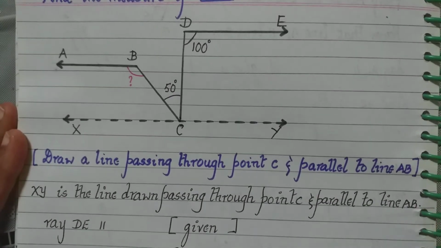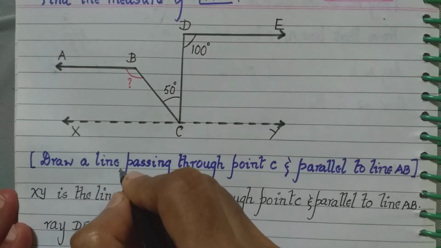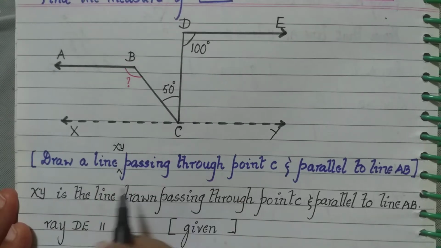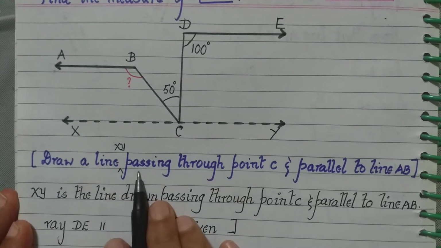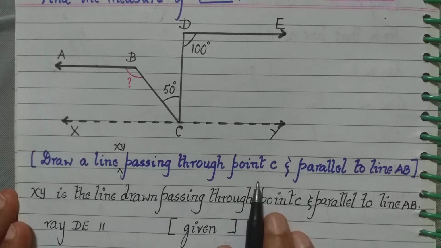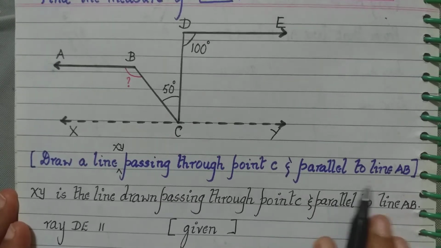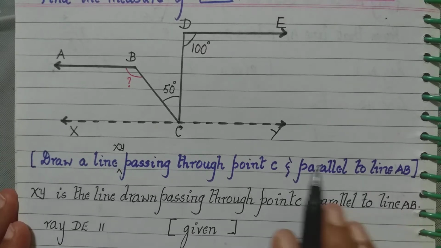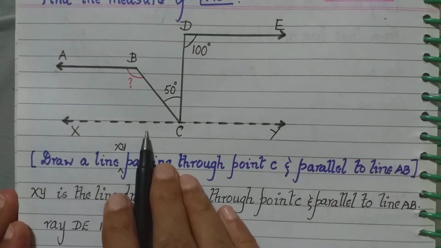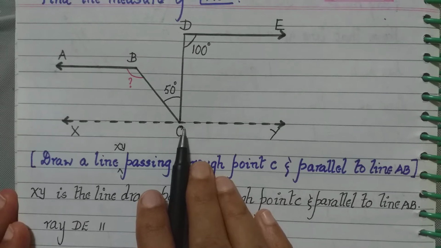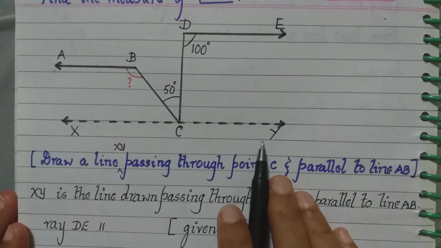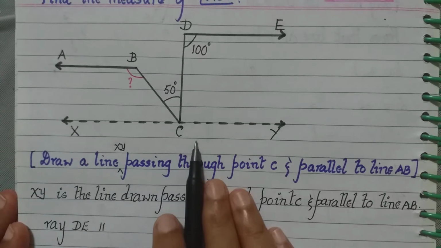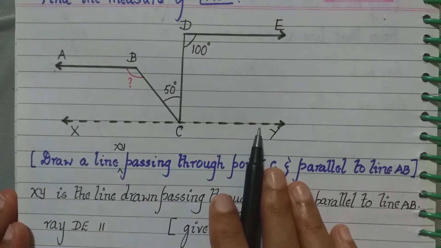So we can say draw a line XY passing through point C and parallel to line AB. So this is the construction. Also you have one more thing which you have to mention. Whenever we pass a line through a particular point, you write which point lies between the other two.